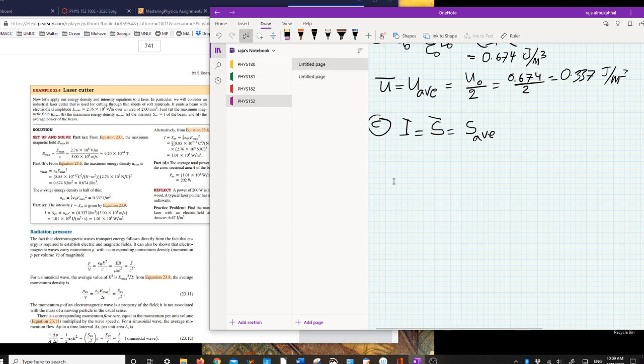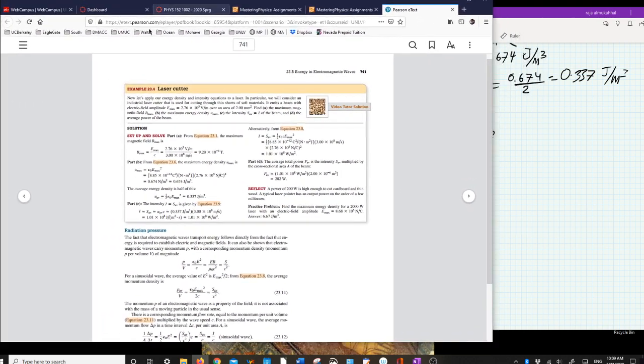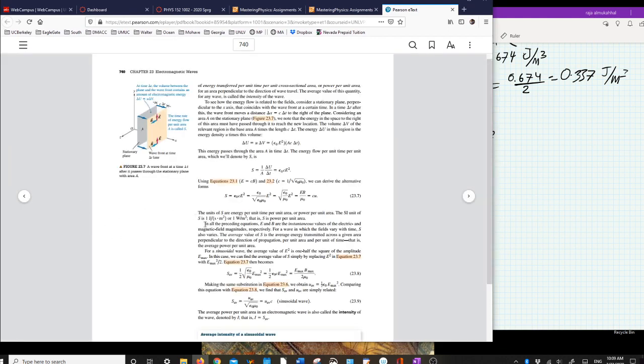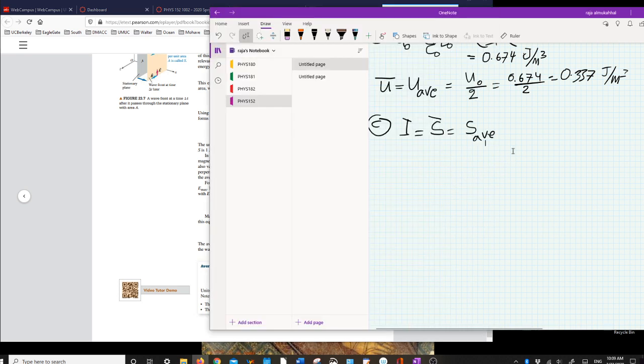Since we have the average energy and the maximum, if you go back to the previous page, see this one right here. S average is U average times C. So I'm going to use this one.